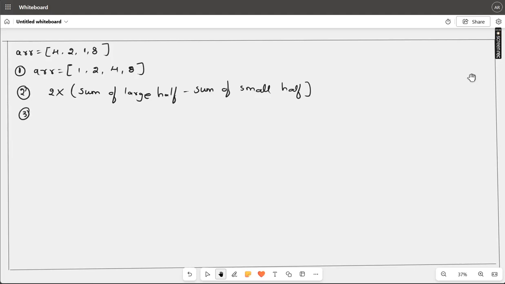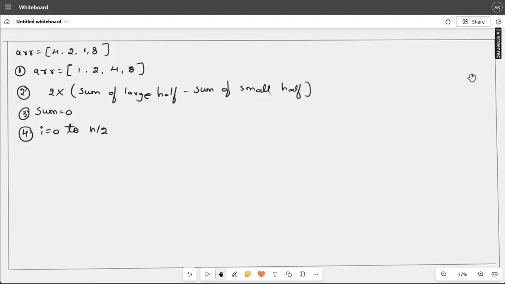If you solve this problem according to this formula, for the question above, we initialize the sum with 0, and next we keep on adding. We only continue with i going from 0 to n by 2, because we need to process only half of the array.